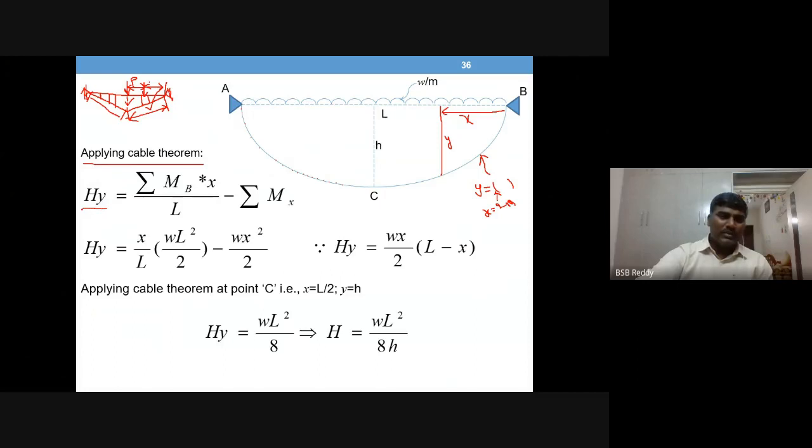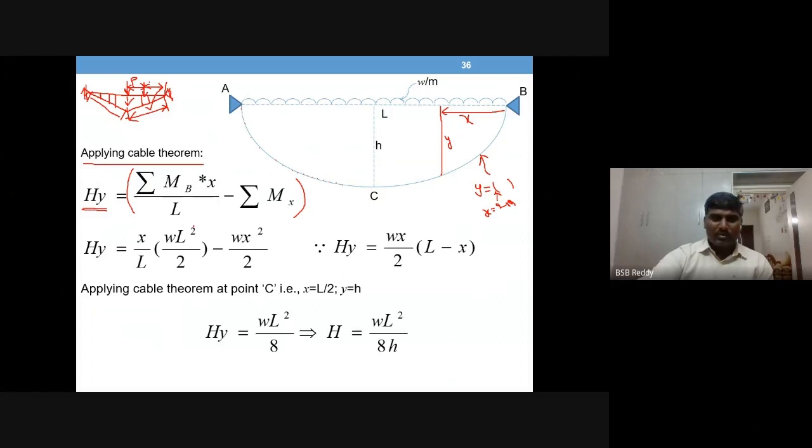So on the left hand side I have the product of the horizontal component of tension, that is H, and y, the sag value. This is equal to the bending moment when you assume a simply supported beam of the same span and same load.